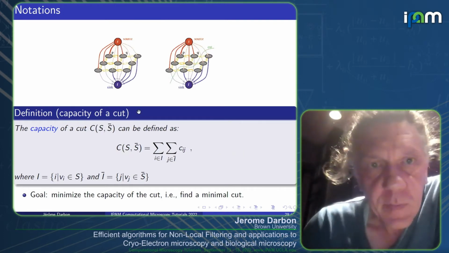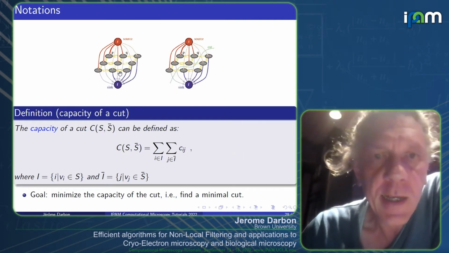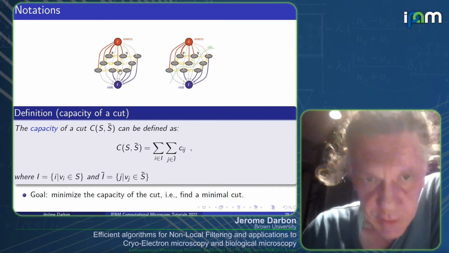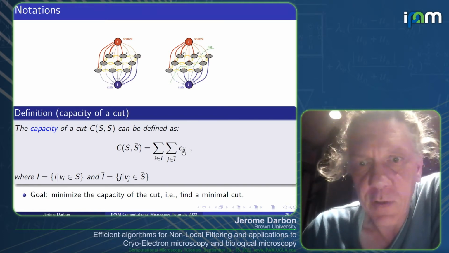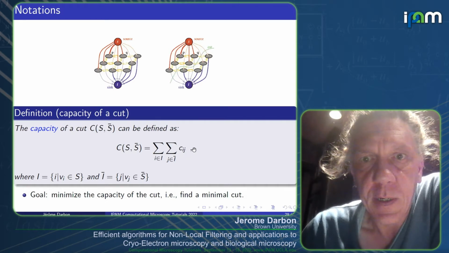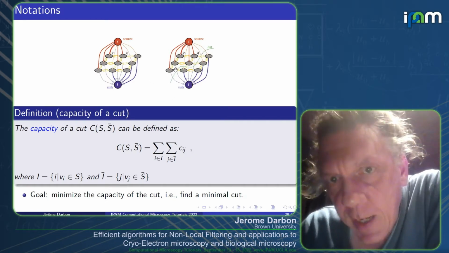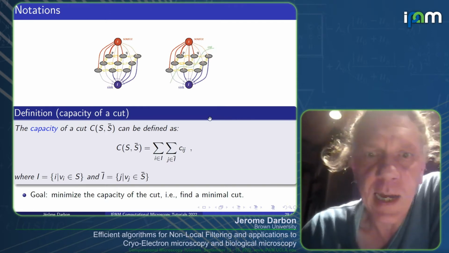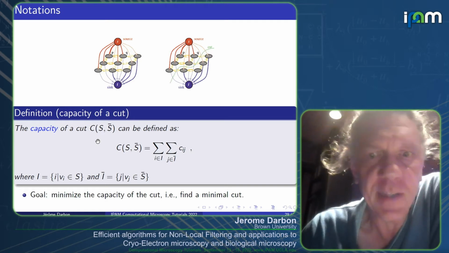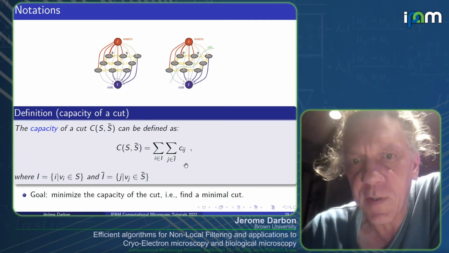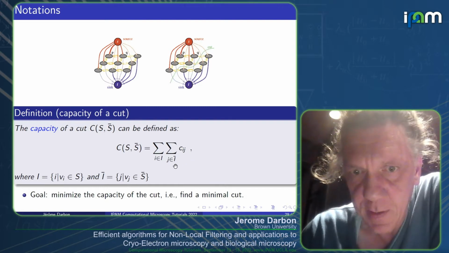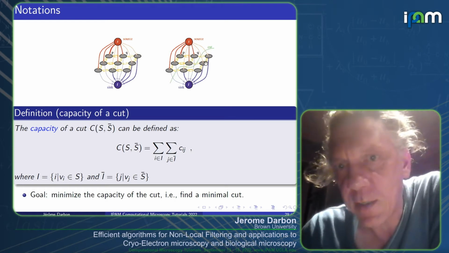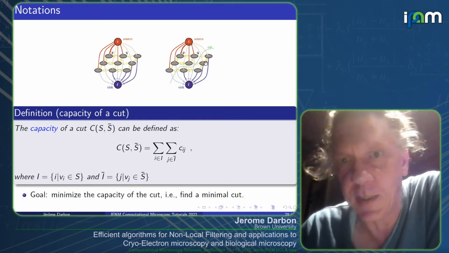Once we have a cut, I'm going to associate numbers on each edge, and those numbers I'm going to call Cij. So now, every time I have an edge that is in the cut, I can associate a quantity that we call the capacity of the cut, which corresponds to all edges that start from a node in the source and go into the sink.